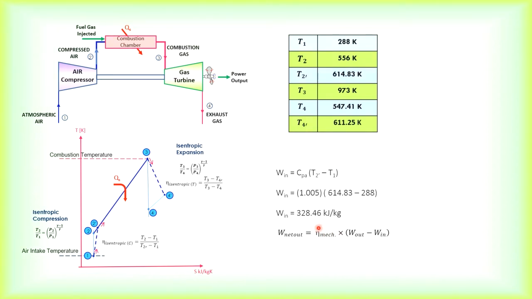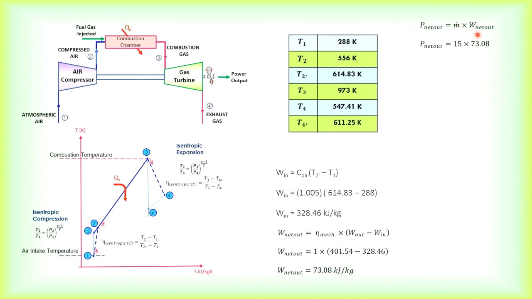If the question doesn't state to involve mechanical efficiency, usually we take it as 100%, though in actual practice it won't be 100%. So we get our net work out. In the next question, we will introduce the mechanical efficiency.